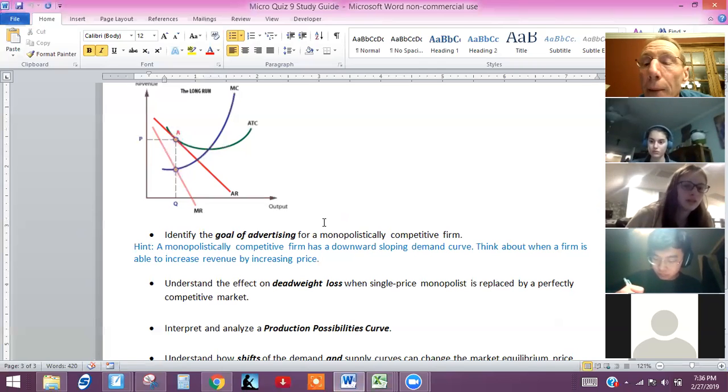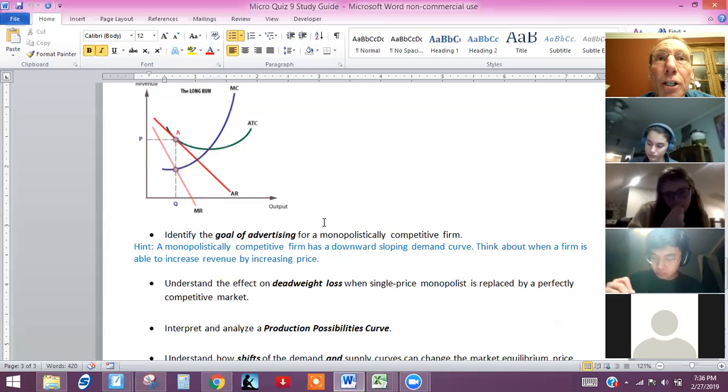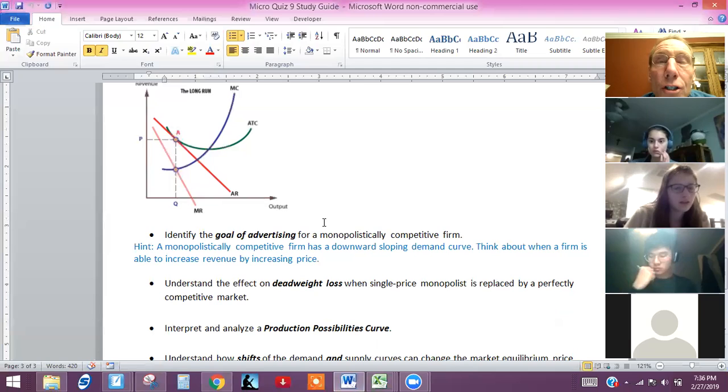Now, think about price elasticity of demand. When it's inelastic, it means you can increase price, and the increase in price will be less than the decrease in quantity, right?